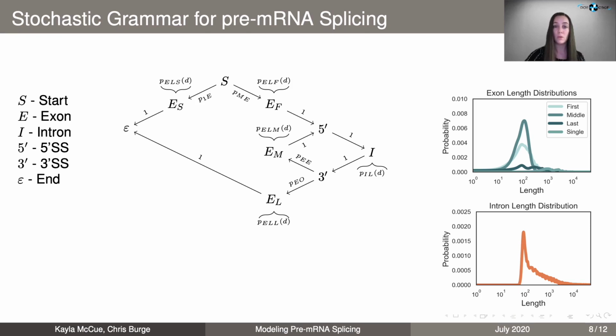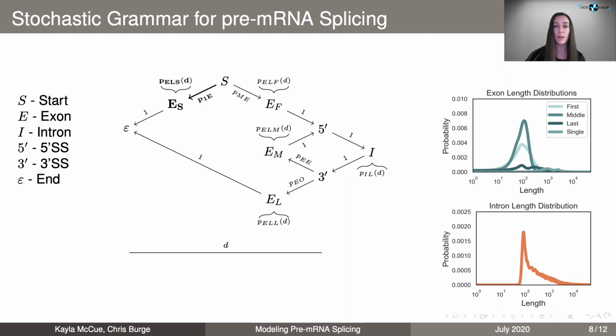To further illustrate the behavior of this grammar, I want to briefly go through it in a generative sense. Starting with the single non-terminal, this is the traditional way to start the generation process, we can look at our S non-terminal in our diagram here and see that there are two different options. We could take this arrow on the right with probability PME, or with probability P1E, we can take this arrow on the left to this ES state. So here, we are in an exonic state with the subscript S indicating that we are in a single exon gene, that is, a gene that has no introns.